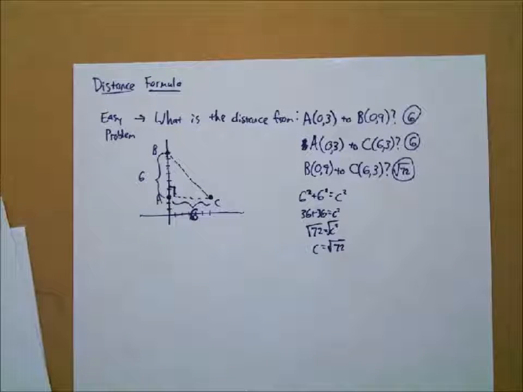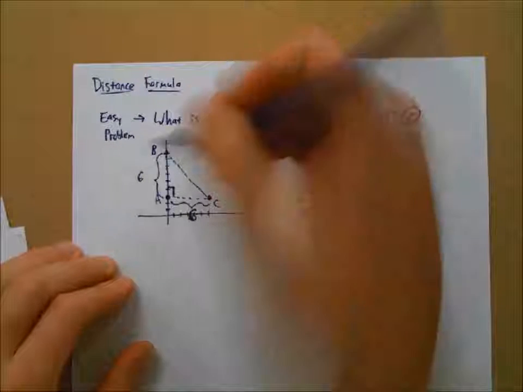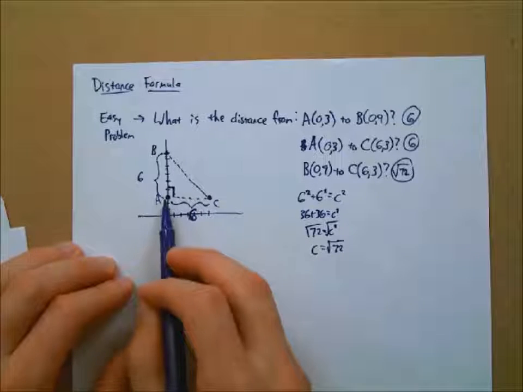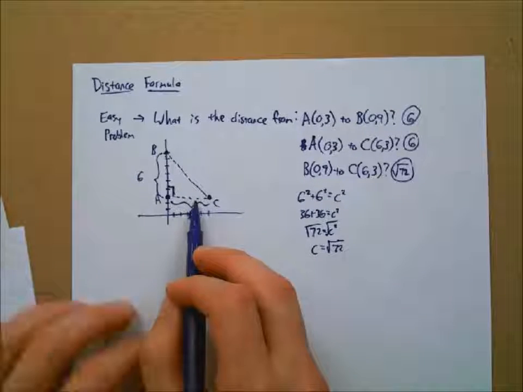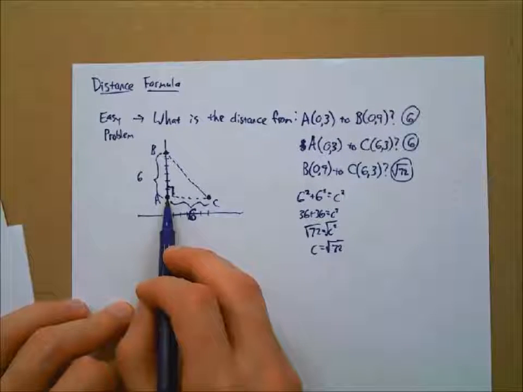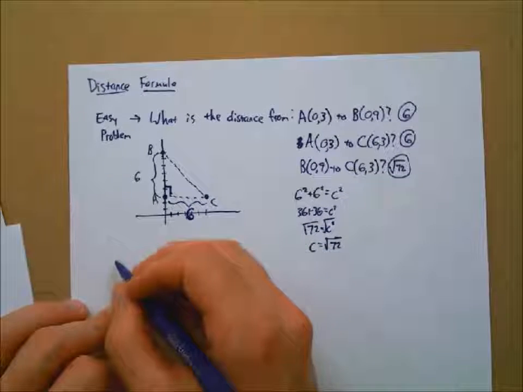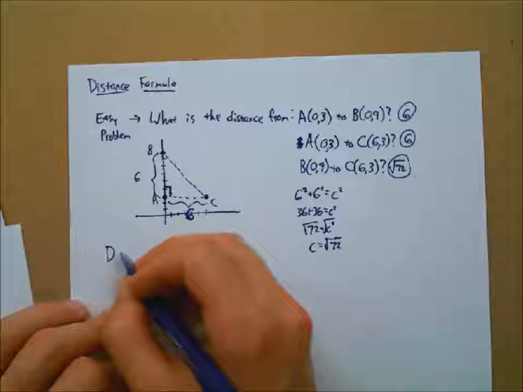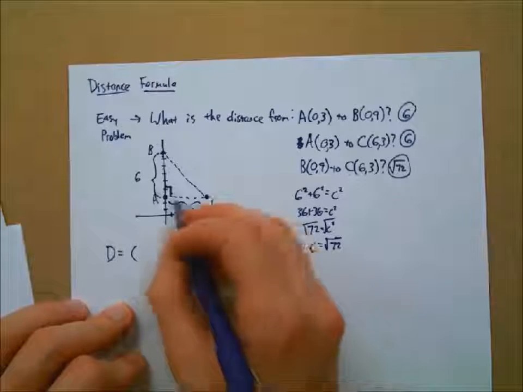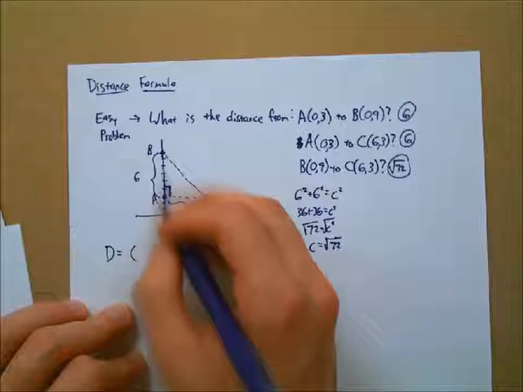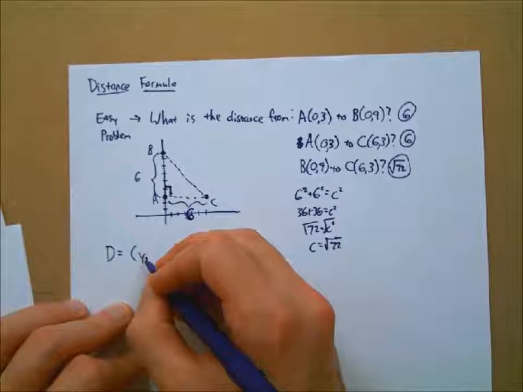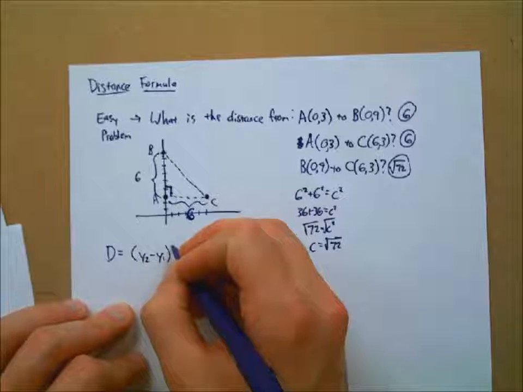Now, how did we do that? We wanted to find this distance. We knew this length and this length. To get this length, we subtracted the x coordinates. To get this length, we subtracted the y coordinates. So, in summary, we took the difference in the y coordinates first, and we square them as part of the Pythagorean theorem.